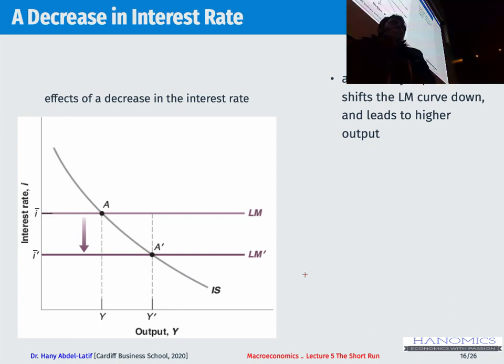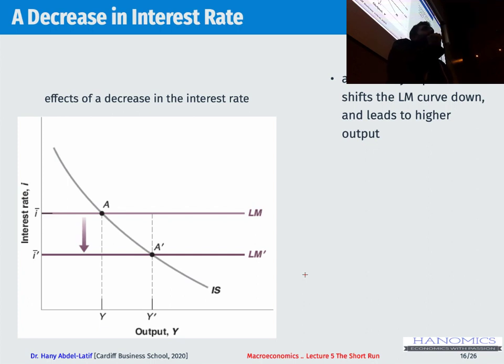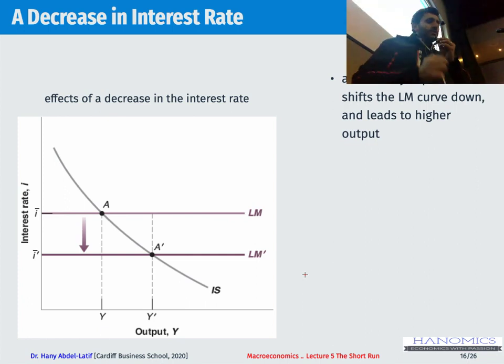A decrease in interest rate means this is a monetary expansion: to decrease the interest rate, the central bank should increase money supply, and to increase money supply, they buy bonds. They enter the bonds market as a buyer, and again, this is part of the open market operations. How this is going to affect our equilibrium is very straightforward now.